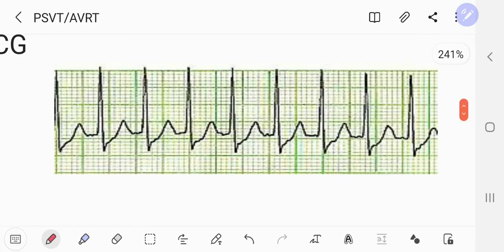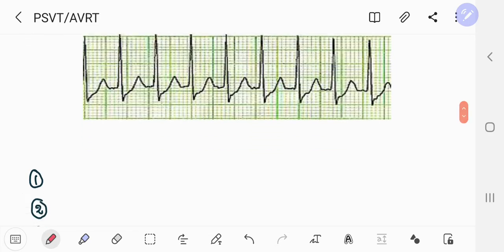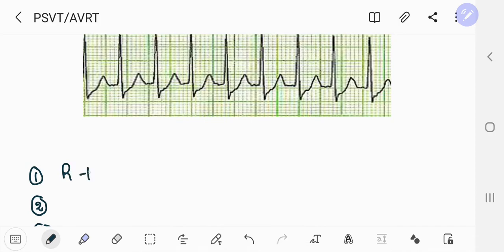Now please appreciate the rhythm first. Can you see that this is R, this is R dash? The RR interval has shortened. However, it is regular. So the RR interval in case of supraventricular PSVT will be shortened.